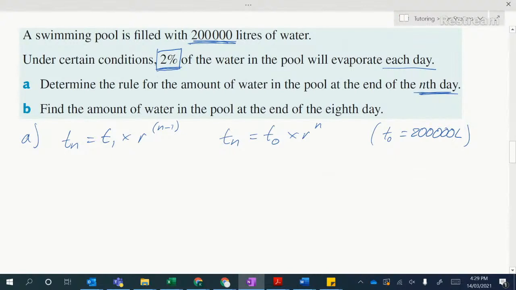Now, the other piece of information that I need in this equation is my R value, the common ratio. Okay, so in this case, I can see that the water is evaporating. So the amount of water in the pool is going to be decreasing. Okay, so if the water is decreasing, then that means this is going to be geometric decay.